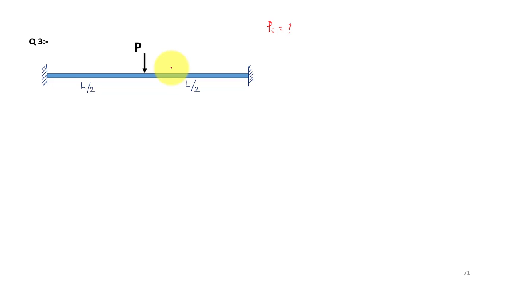Here you can find out the static indeterminacy of the fixed beam. The degree of static indeterminacy is 2. That means to form the collapse mechanism, we need Ds plus 1 extra hinge, so 2 plus 1 is 3.